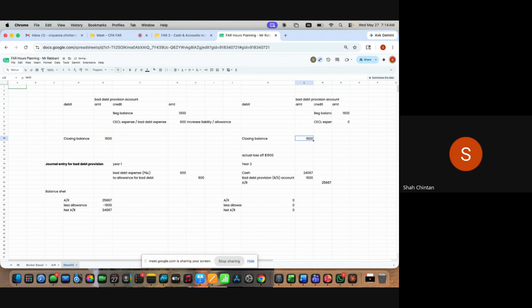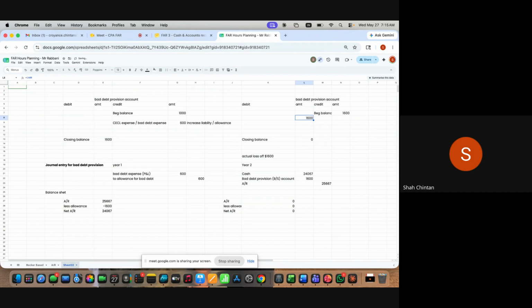You don't need any ending balance. Now this is the amount which is actually written off. So you can say either a negative difference on this side, or there is a difference of 1600 on this side. So this is a liability debit balance. It means reversal of the liability. Here you have debited the bad debt provision account. So this is the effect, which is a bad debt written off in year 2, which is adjusted from the provision account directly.